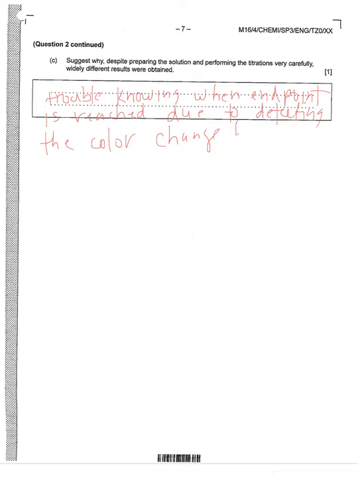The most likely reason is trouble knowing when the endpoint has been reached, and that's due to detecting the color change by sight. So anytime humans have to make the judgment, it's going to introduce some error.